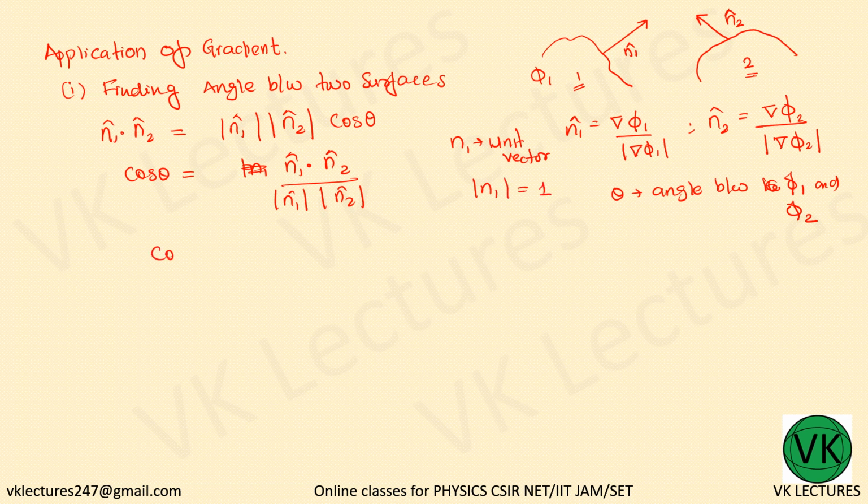So cos theta is equal to n1 cap dot n2 cap. From this we can find theta is equal to cos inverse of n1 cap dot n2 cap.